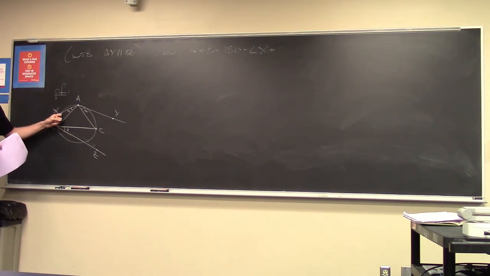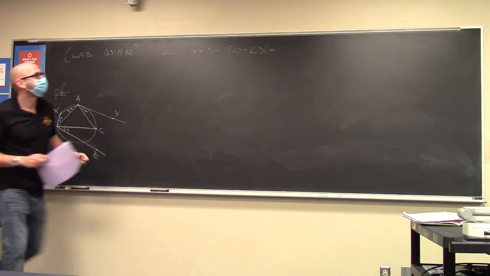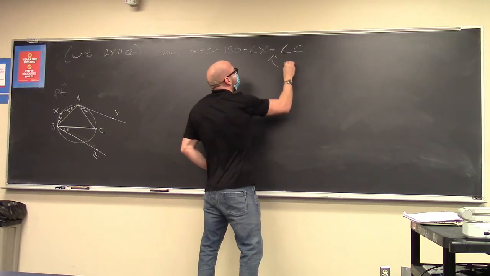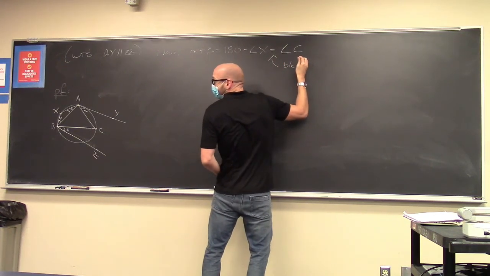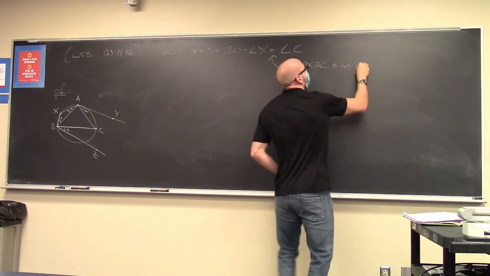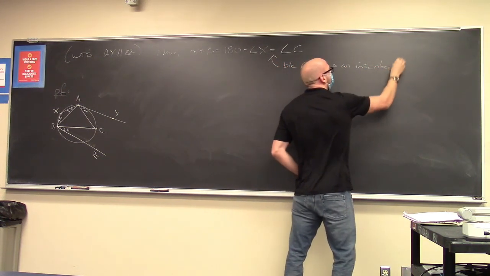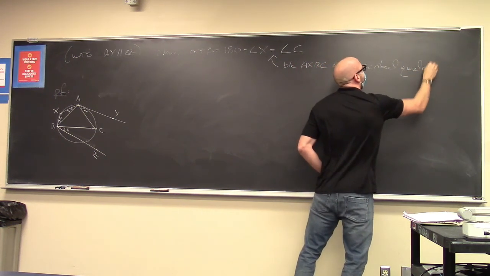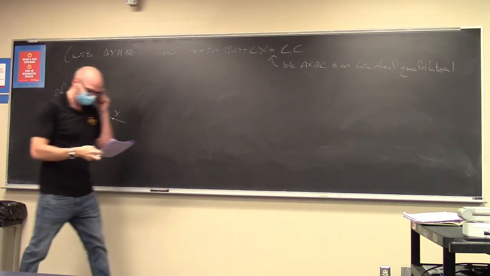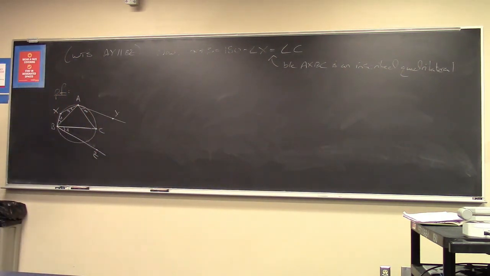So 180 degrees minus angle x is angle C. Right, so this is because AXBC is an inscribed quadrilateral. Is that okay?